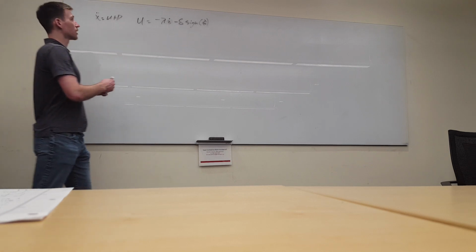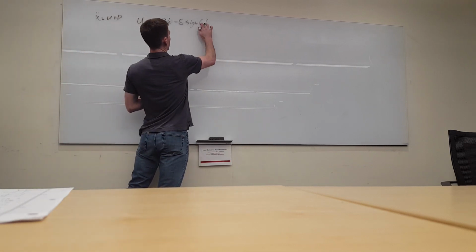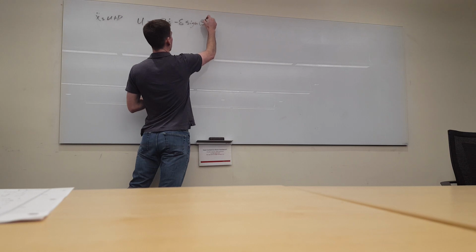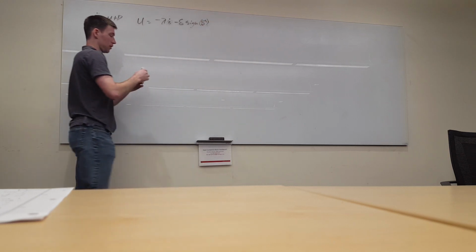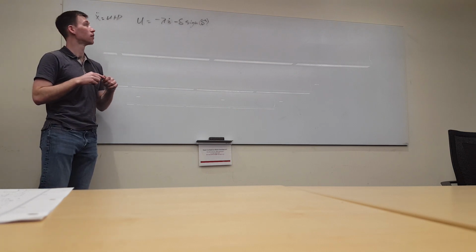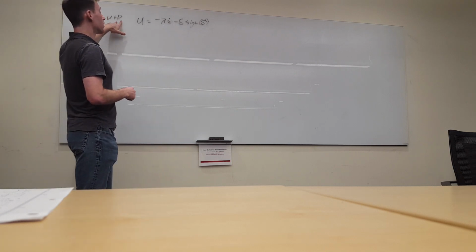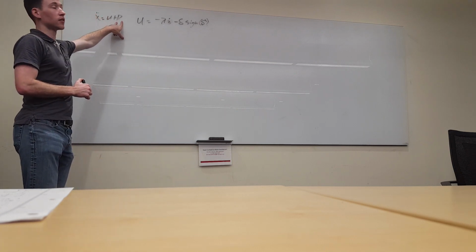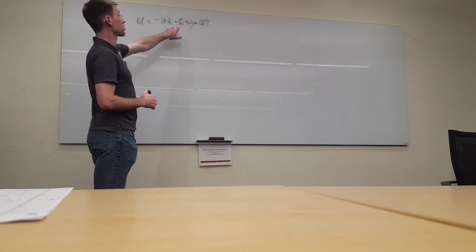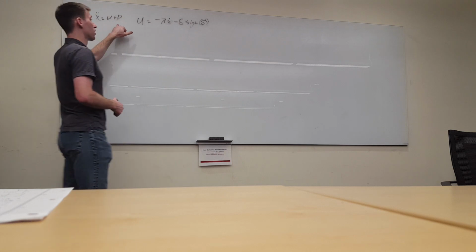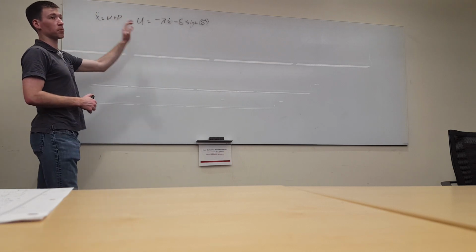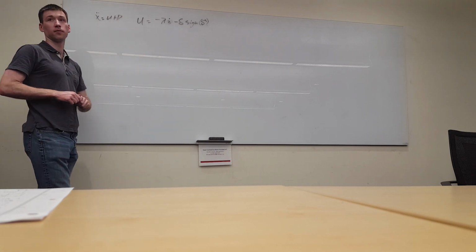Yes, this is S, capital fancy script. Why is it not a D thing? D is an unknown disturbance. When we do sliding mode control, we're going to size delta to be big enough to deal with our unknown disturbance. It's not plant dynamics that we're going to try to cancel.